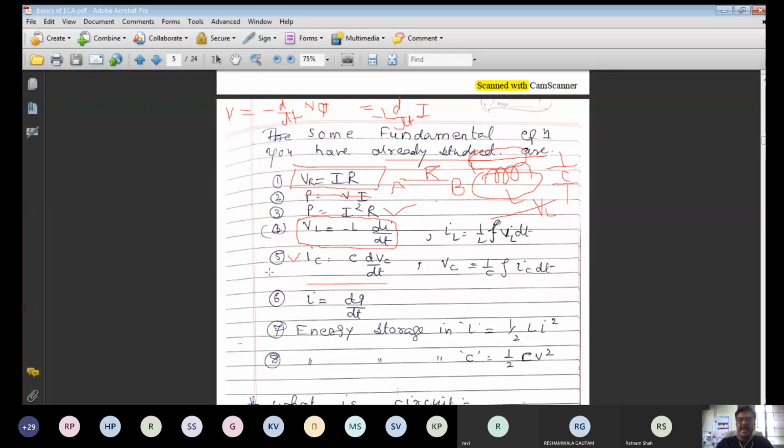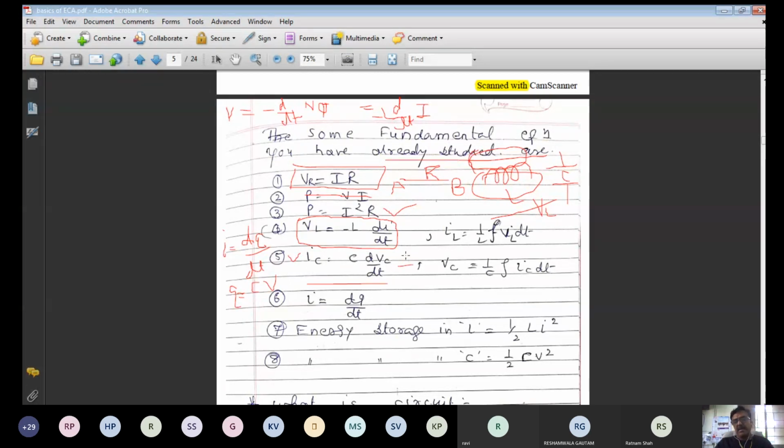That is also a fundamental equation: I is equal to dq by dt, and q is equal to C into V. If we substitute CV, I will get C into dV by dt, where C is a constant term, that is the capacitor. So we have this equation for IC.